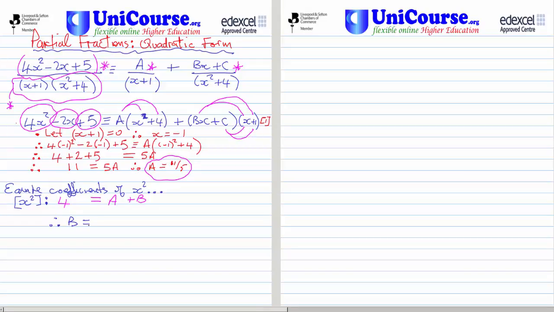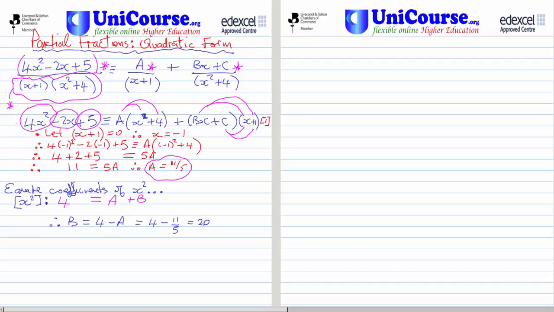So I can say therefore b equals, I'm going to move the a over to the left hand side, 4 minus a, equals 4 minus 11 over 5. Now it would be useful if we could express that 4 as something over 5. Well, 20 over 5 comes to mind.